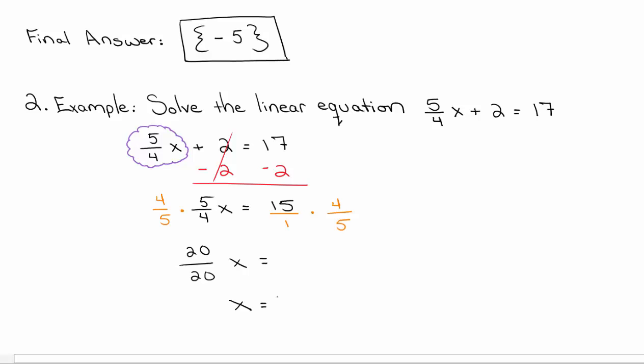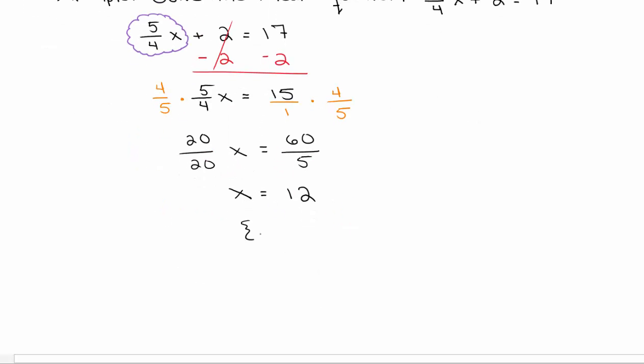Over here, 15 times 4 is going to give me 60, and 1 times 5 is 5, and 60 divided by 5 is 12. So our solution for this looks like it's going to be a 12.